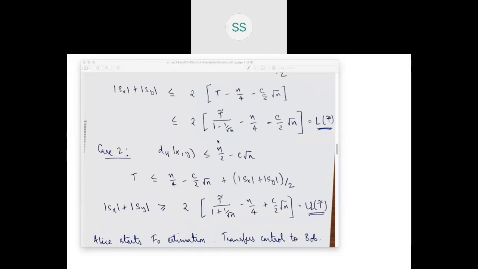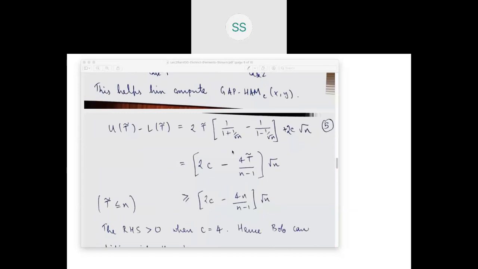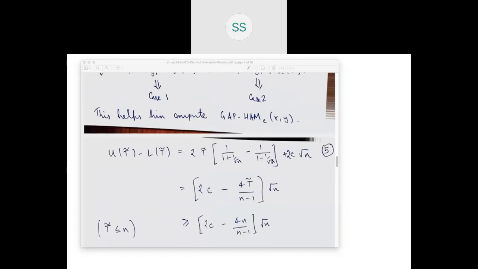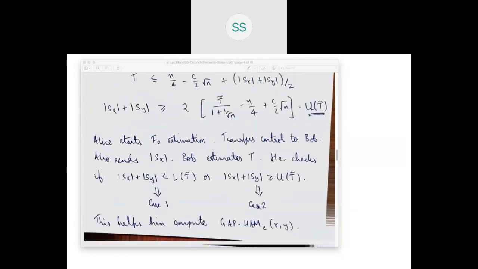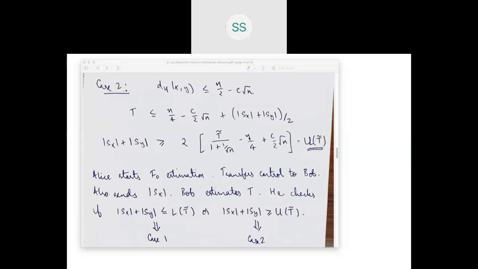So let's see. Now this minus n by 4, so both of them are written similarly. So minus n by 4 cancels. Plus c by 2 square root n minus c by 2 square root n, that gets doubled. And t tilde divided by 1 plus 1 by square root n, and minus t tilde divided by 1 minus 1 by square root n. So I'm just writing the same thing here, ignoring the middle term.